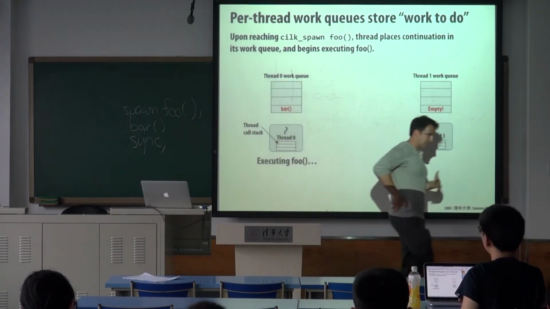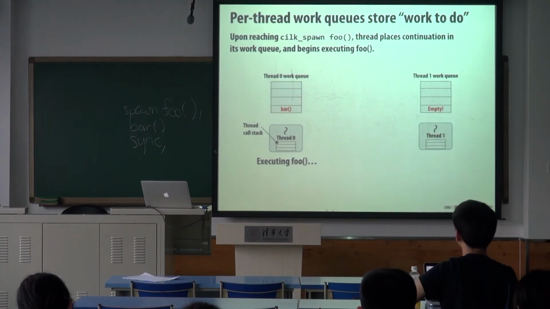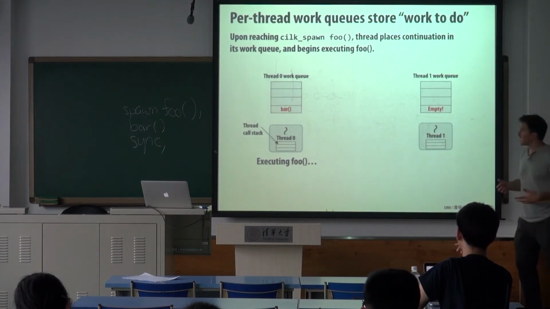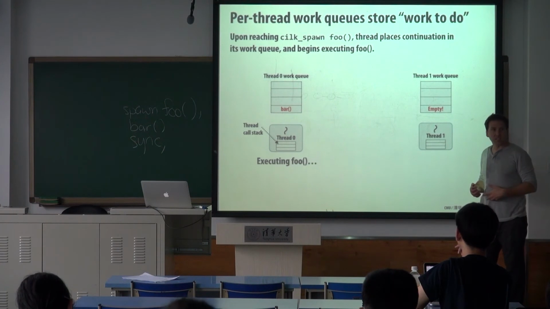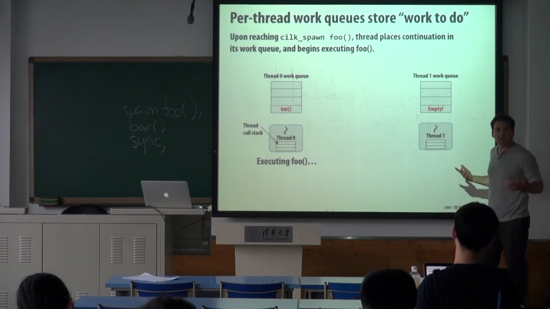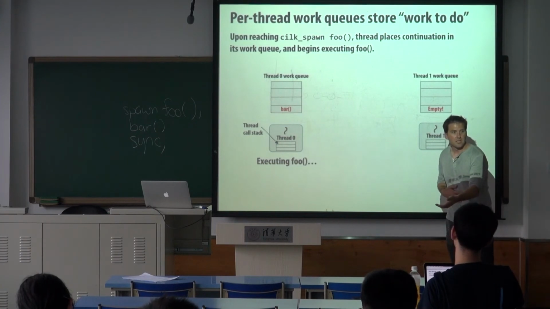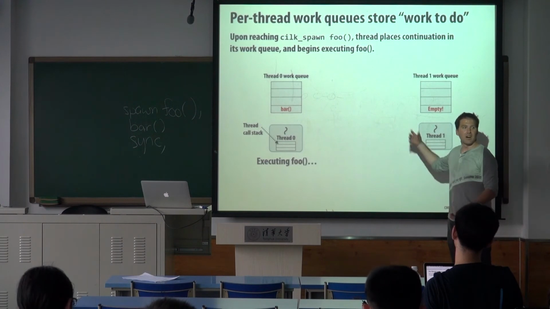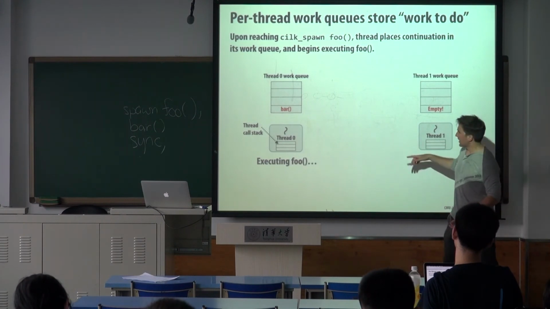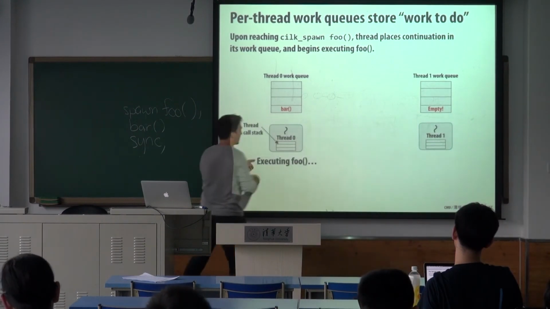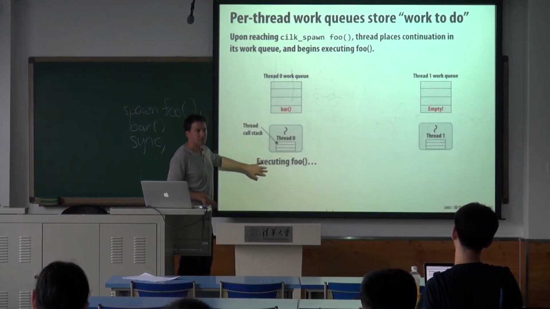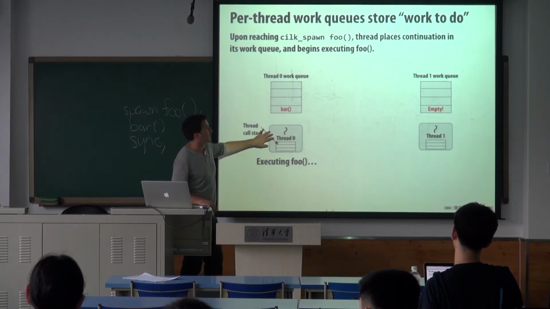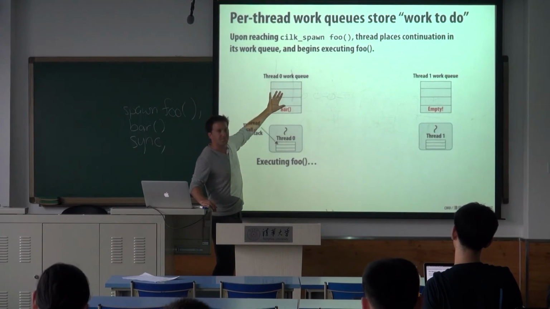In this case, thread 0 is running. It says call foo, and thread 0 says, okay, I'm going to go do foo, but I'm going to put the continuation on my list. So that's what I drew here. So thread 0 starts running foo, but the continuation gets put on this list.